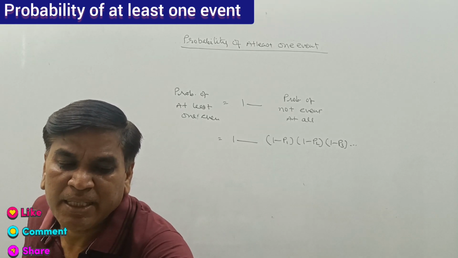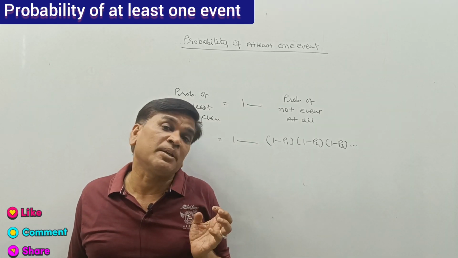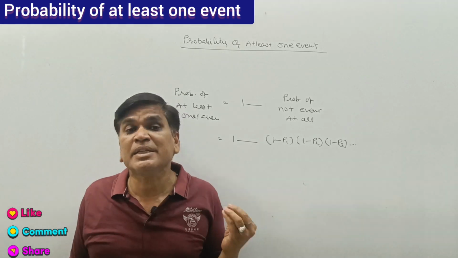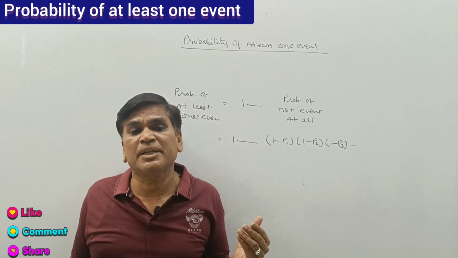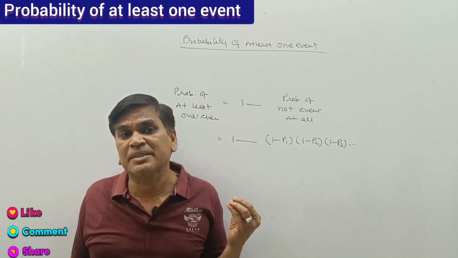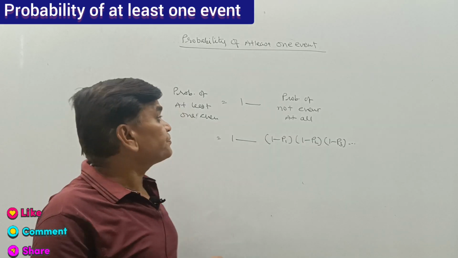It's very easy. In theory you may have some problem calculating the probability of at least one event, but in practice it's very easy. When we do questions related to the probability of at least one event, you will feel that it's very easy to calculate.